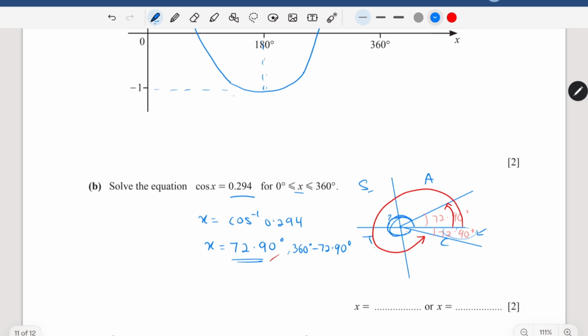So 360 minus 72.90, that's how you get your second angle. You will get your answer 287.10. Okay, you got both of your x values.